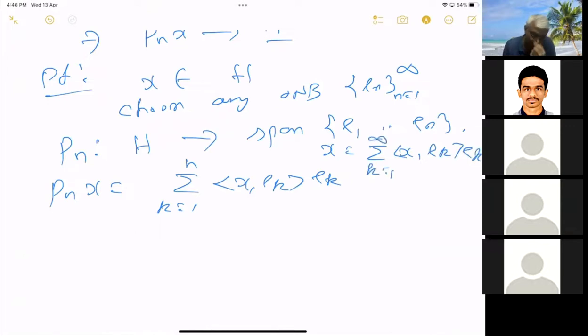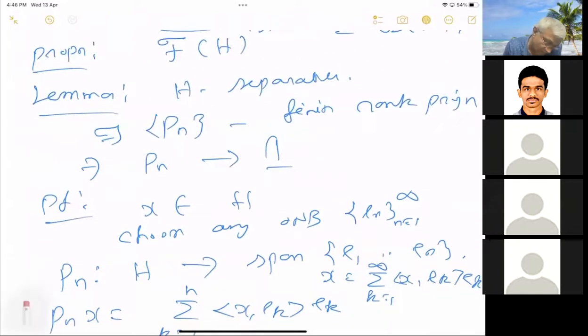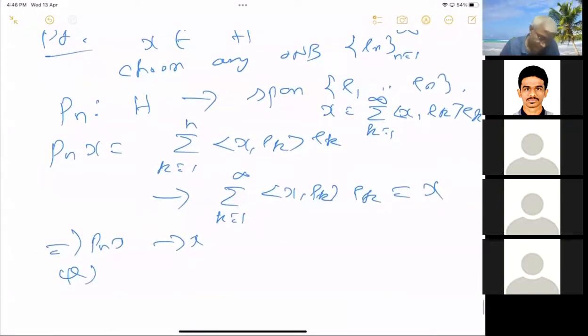If you apply this projection Pn, you will get only the first n terms. Clearly this converges pointwise to the summation k equal to 1 to infinity of x, ek ek, which is equal to x. So this implies Pn x converges to x. That is, Pn converges to 1 strongly, in the strong topology.